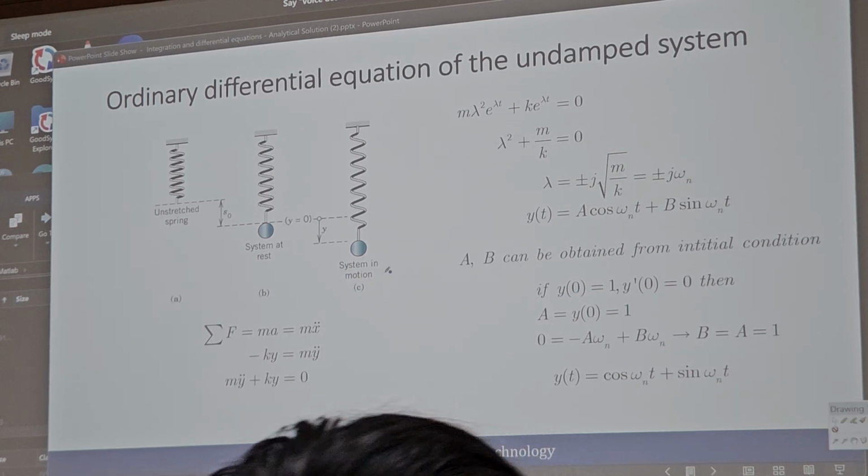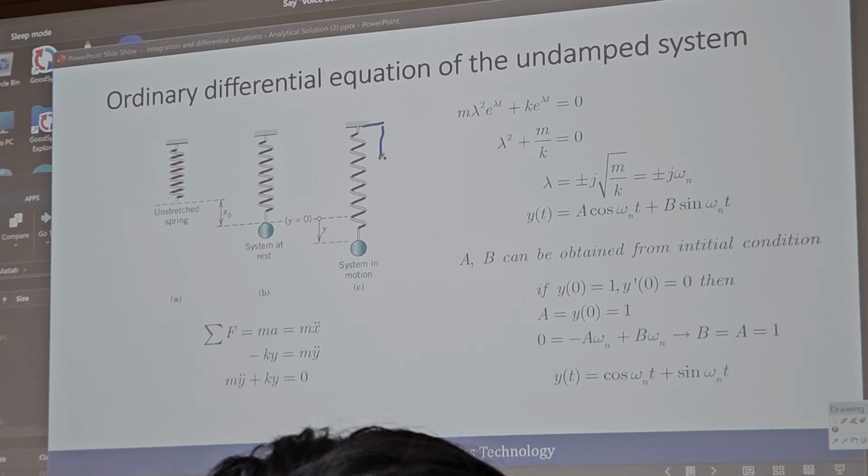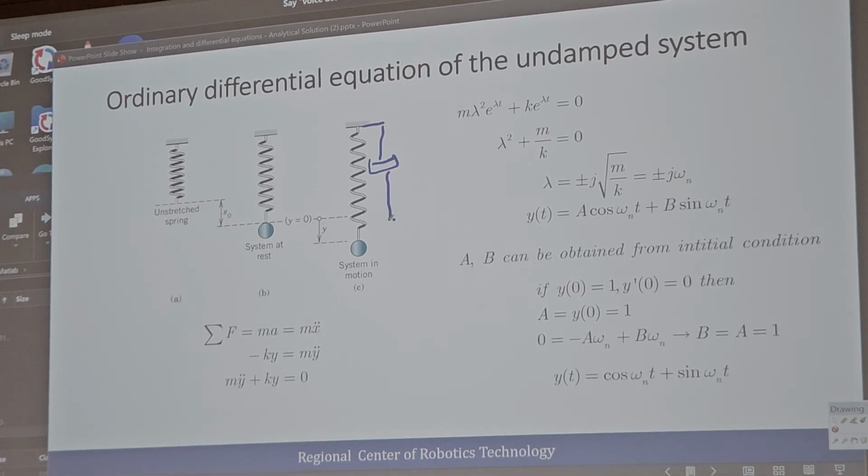Let's say I add a damper here. I have a damper here, with spring k, damper c, and mass, position x. What is the differential equation for this one?